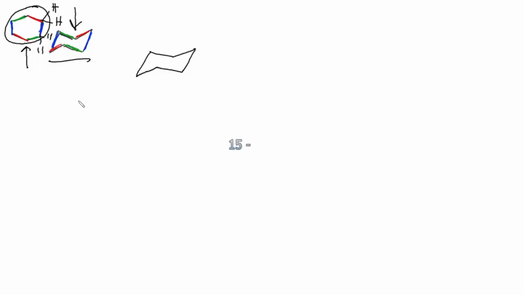So what we're going to do, we're going to draw axial bonds, and we're going to draw equatorial bonds. And the axial will always be vertical bonds, and the equatorials are sort of horizontal. I'm going to draw all the axial bonds on my chair structure first.